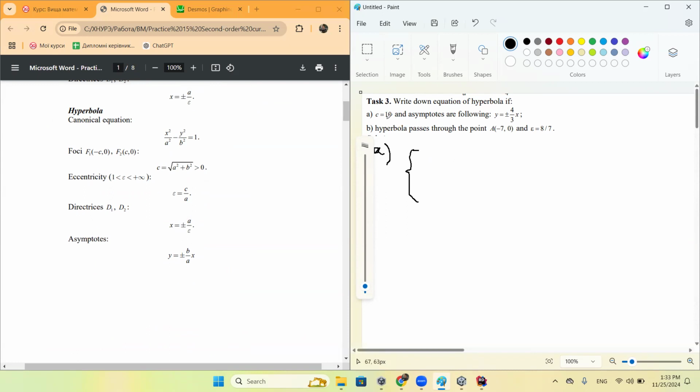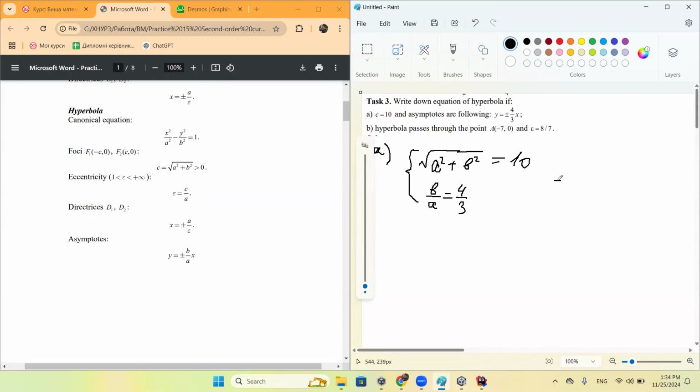So C equals 10. So what do we have? The square root of A to the power of 2 plus B to the power of 2 equals 10. That is the first equation. And the second equation, not A by B, but B by A, equals 4 by 3. So we have two equations for two variables, everything we need.